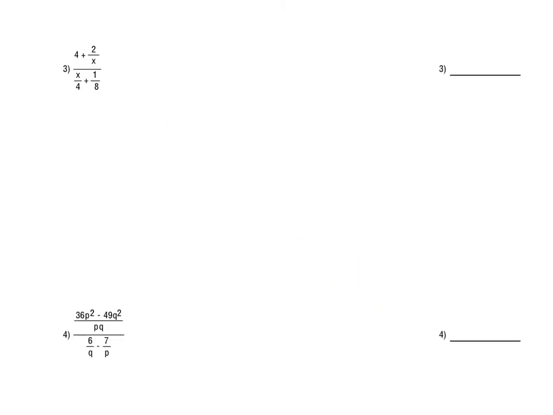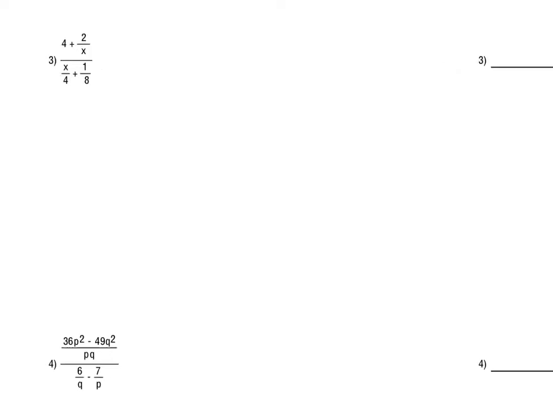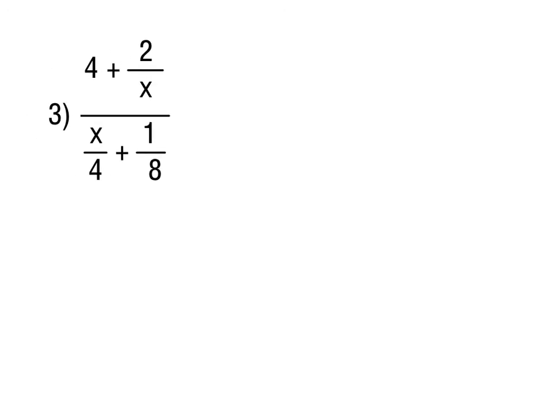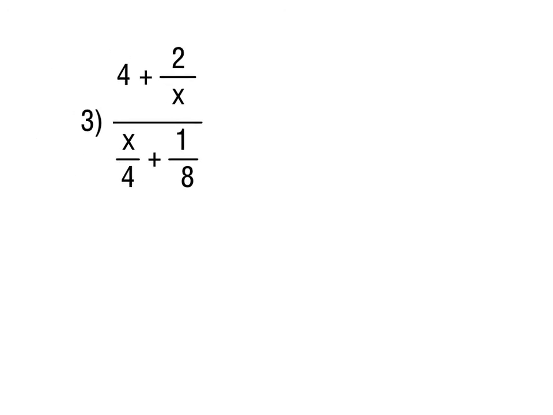For the third problem here, we can't just jump right in and do like we had been doing. We have to go ahead and add those together. So again, I'm going to look at probably using that first method where I write the numerator as a single fraction and also write the denominator as a single fraction. In this case, the LCD for the numerator would be x.